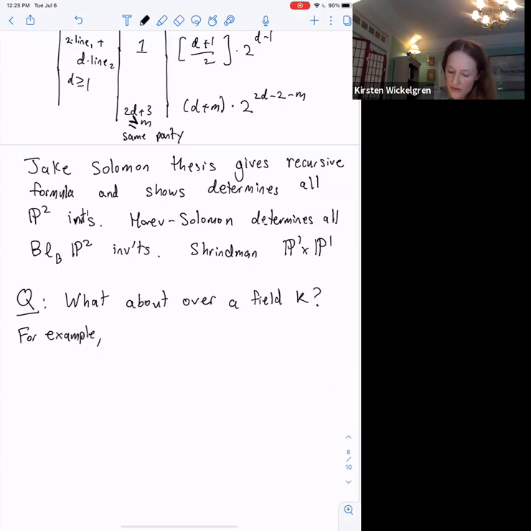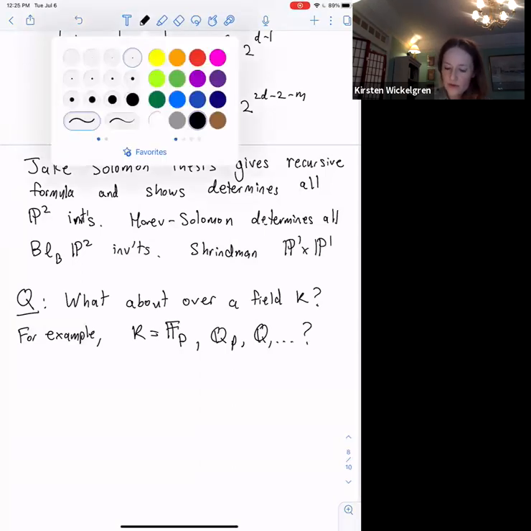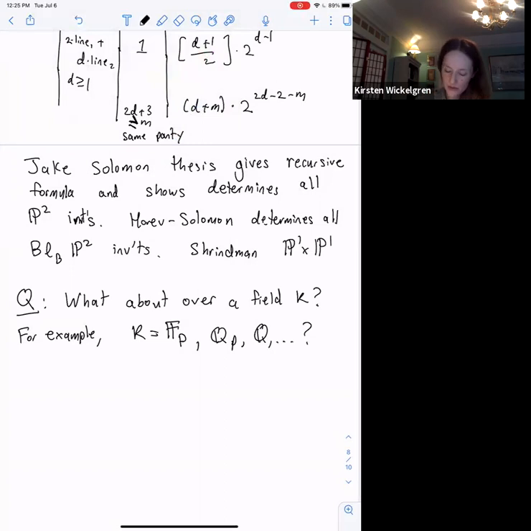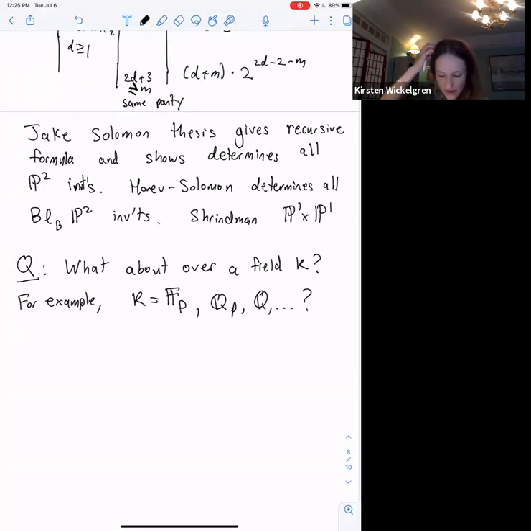Some fields that are convenient to keep in mind, where we'll allow a finite field with Q elements, p-adic fields, and Q. And we'll use the heuristic that analogous results over the reals and the complex numbers may indicate a common generalization using A1 homotopy theory.